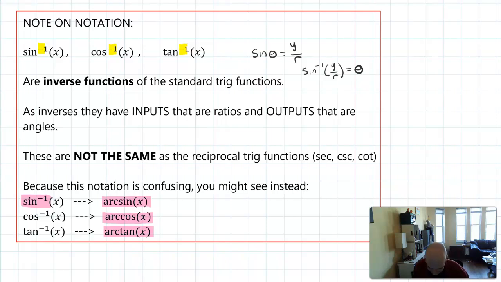The reason is they use this prefix arc. In inverse trig, we're solving for angles, and we remember from when we learned about radians that angles and arcs are related in radians. So arc is kind of a word for angle there. It's not a different function, it's just a different way of talking about inverse trig without using the -1 notation.